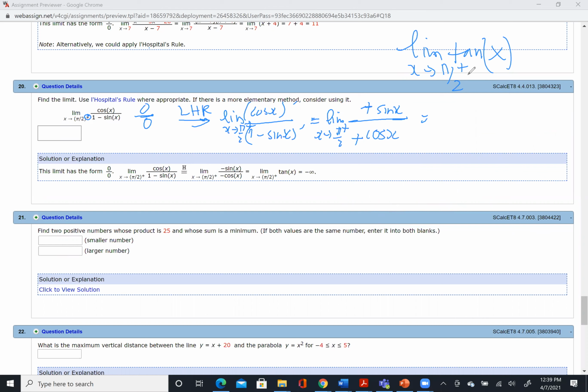The previous way might make it more complicated, so it's better to make it tangent. And you can know that this is going to become negative infinity if you take a look at the graph.